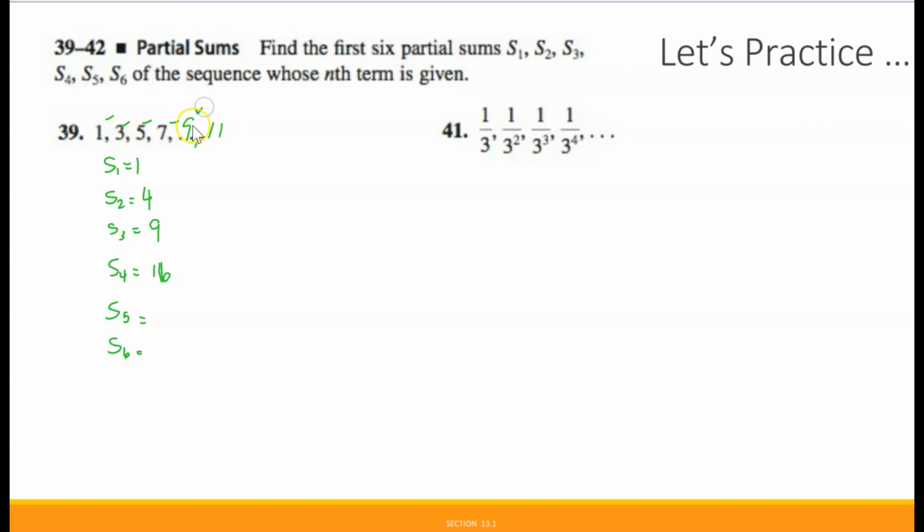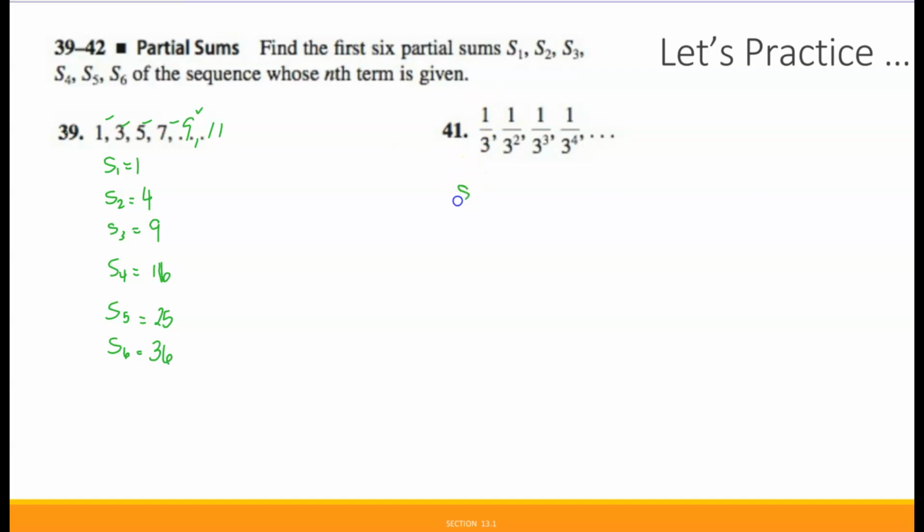So for S5, we're adding in 9 if we sum these first 5 terms. 1 plus 3 plus 5 plus 7 plus 9 is going to give us 25. Then for the 6th term, we're going to add in 11. 25 and 11 is going to give us 36. And those are the first 6 partial sums.